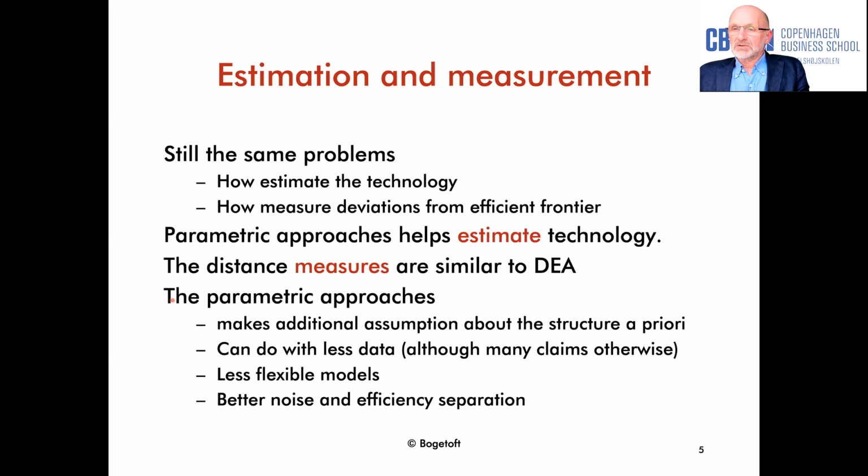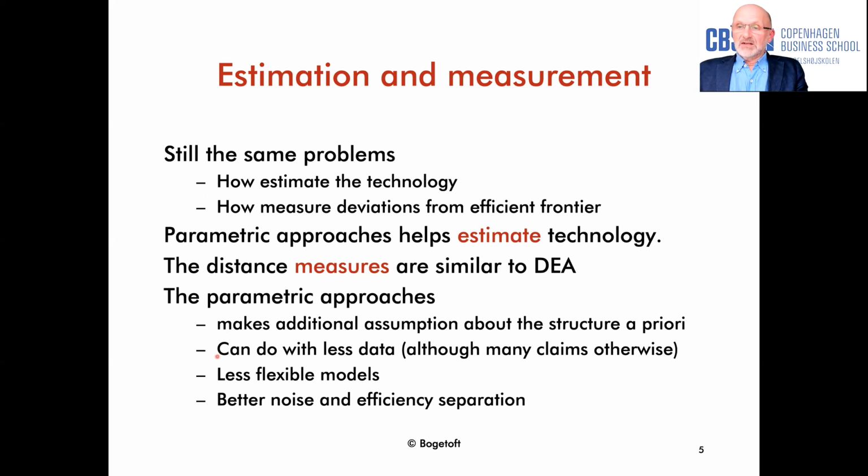The parametric approaches make some additional assumptions about the structure. So we don't just assume that a cost function, for example, is increasing and convex. We assume specifically something about a linear cost function or linear production function, or log linear, or maybe translog cost function or production function. So we make some a priori assumptions so that we know the relationship except for the value of some specific parameters.